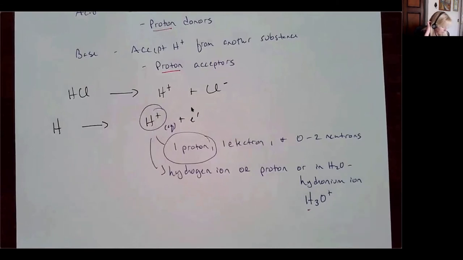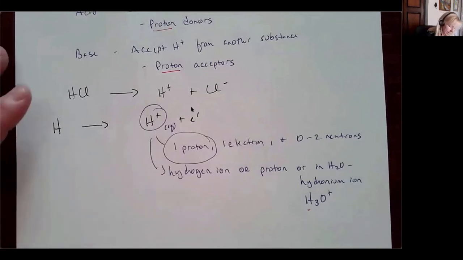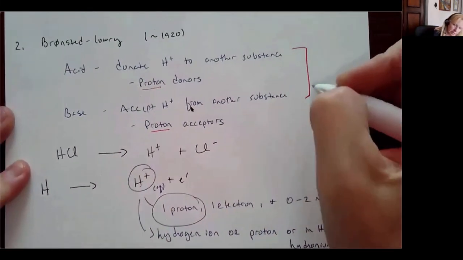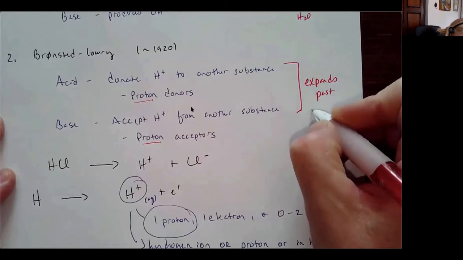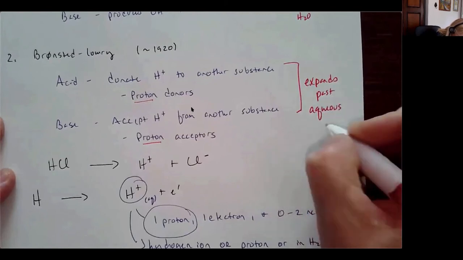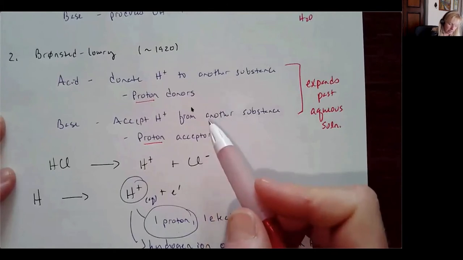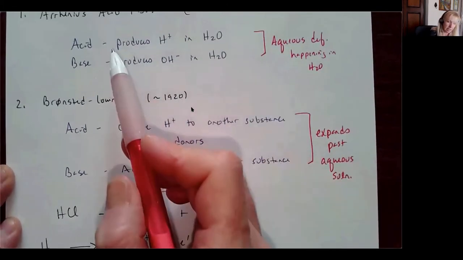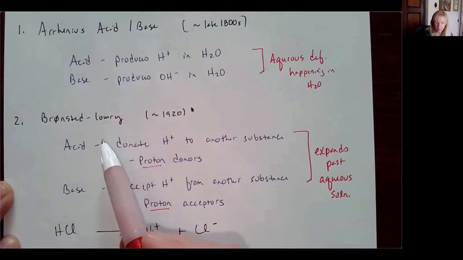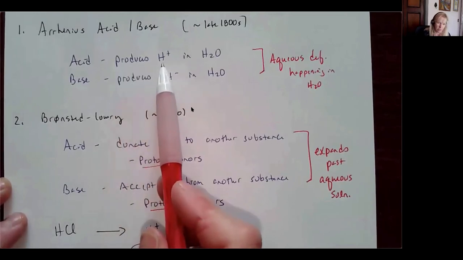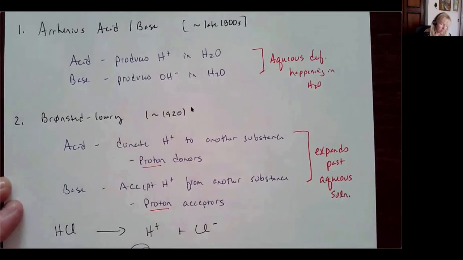So the Bronsted-Lowry definition. And this is going to expand past aqueous solutions. So now I don't need water present to be able to define an acid base. So all Arrhenius acid bases are also Bronsted-Lowry acid bases, because in water, if it's going to produce hydrogen ion, it's donating that hydrogen ion.